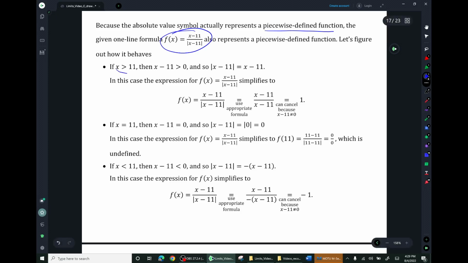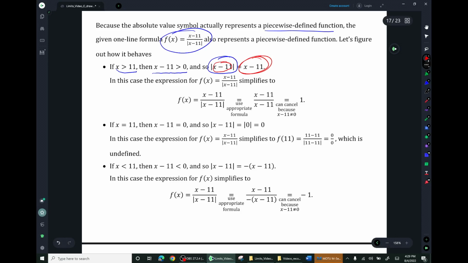Well, if x is greater than 11, then x minus 11 is greater than or equal to 0. So this expression, absolute value of x minus 11, would be computed using the formula x minus 11, because the absolute value of something that's known to be positive is just that thing.